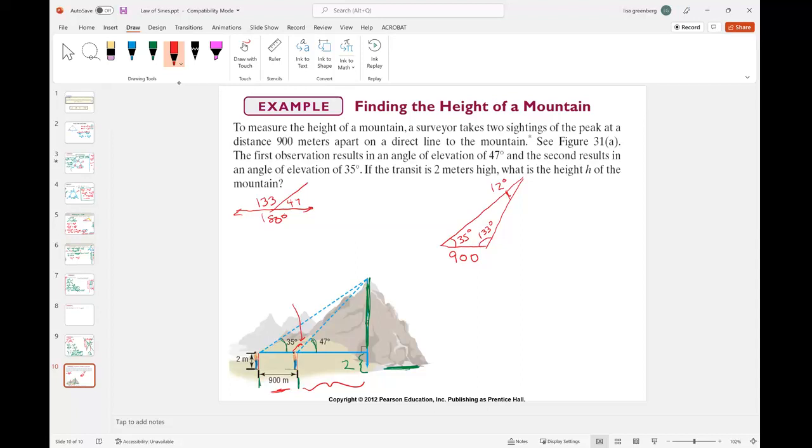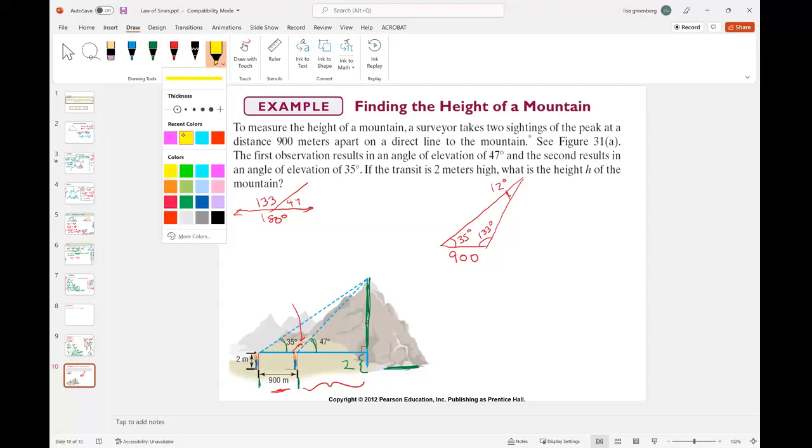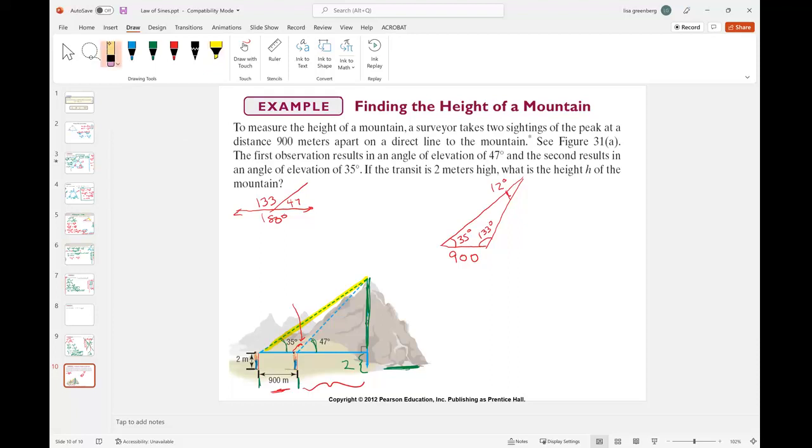Okay, great. So what do I want to find? Let me use a highlighter. If I find this side, and what else do I want to find? Actually, let me say that again. I don't even actually need that side.